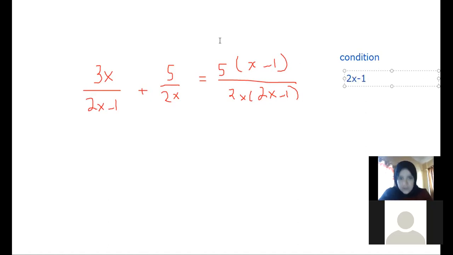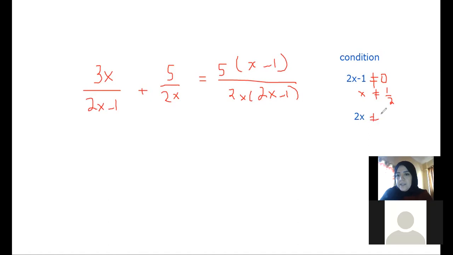Which means 2x should not equal 1, which means x should not equal 1 over 2. Very good. That's the first condition. The second condition, you know that we have more than one, right? 2x also shouldn't be 0.